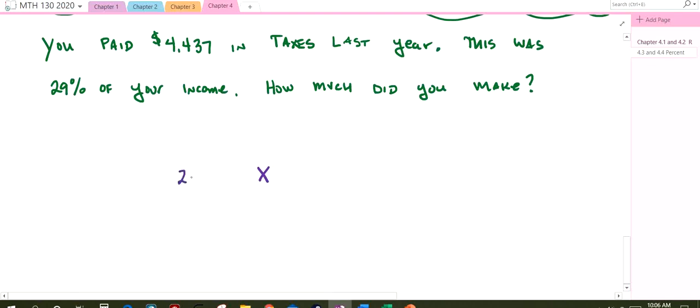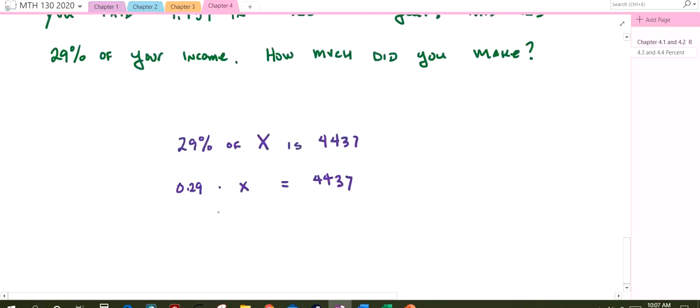So 29% of x is 4,437, or 0.29 times x equals 4437.